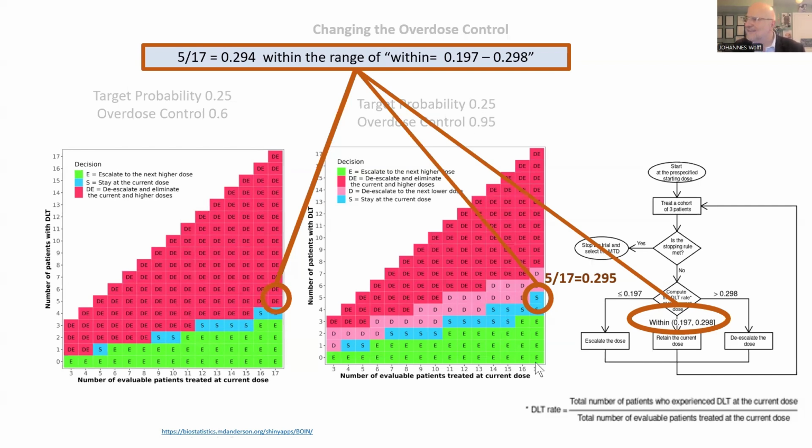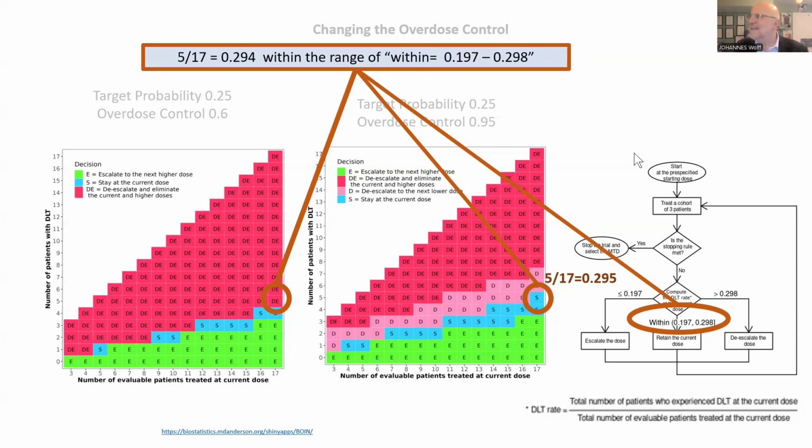If you look at 17 patients enrolled, 5 patients had dose-limiting toxicities, that gets you a DLT rate of 5/17. That's 0.295. That would mean stay. If you look at the table, that's correct, because that number is between that number and that number, so you go down and stay.